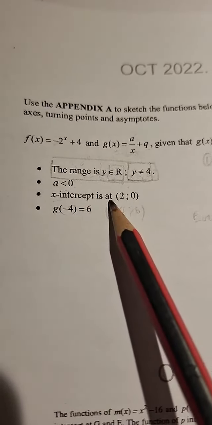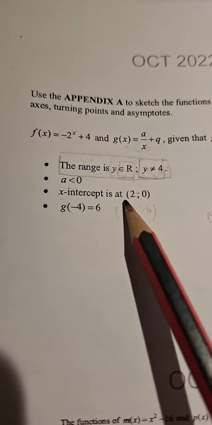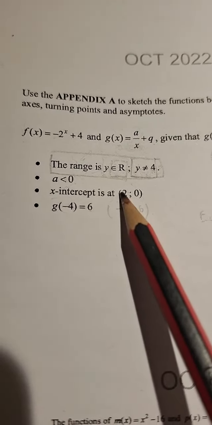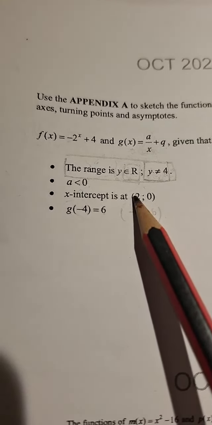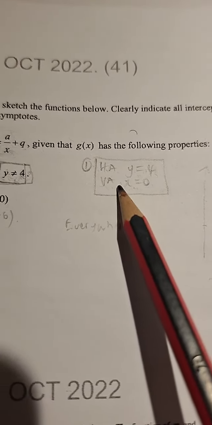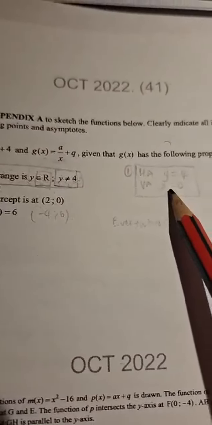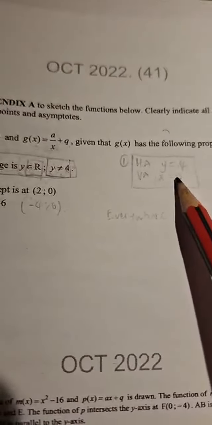Now, the x-intercept is at (2; 0). Oh, we have the x-intercept even. Do we expect to have a y-intercept here? Definitely not. Because remember, if you let x be equal to 0, you are going to have a situation where your calculator says maths error. Division by 0 is not allowed. So we are not going to have a y-intercept for your hyperbola function, because the vertical asymptote, where the function does not exist, is x equal to 0.